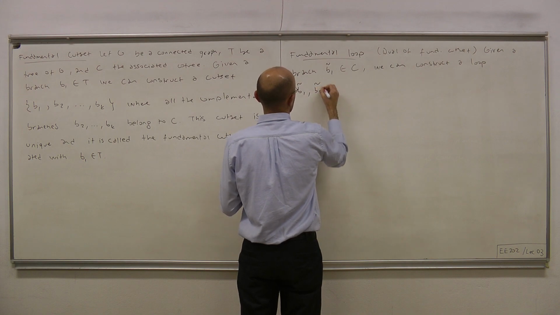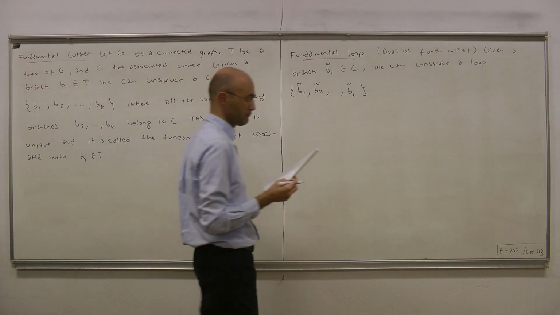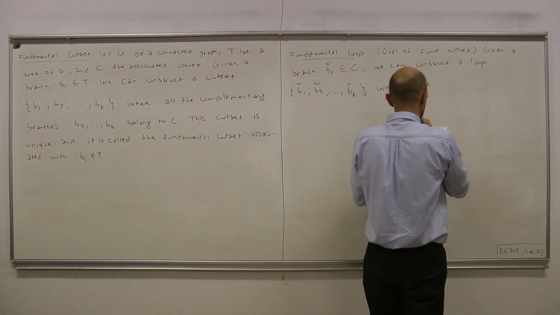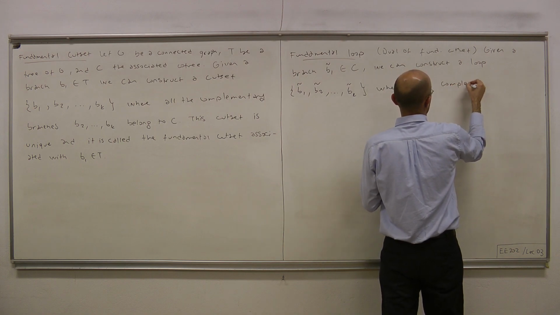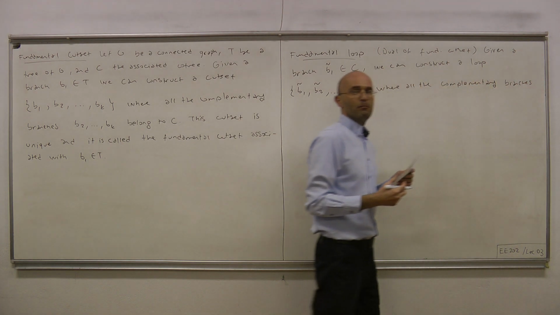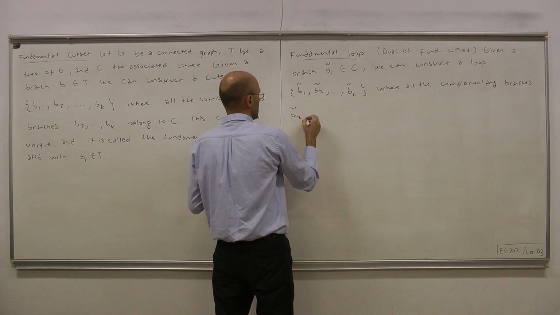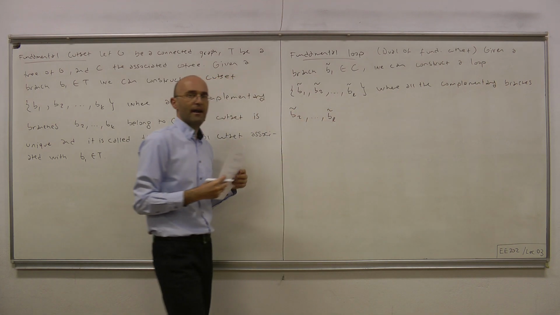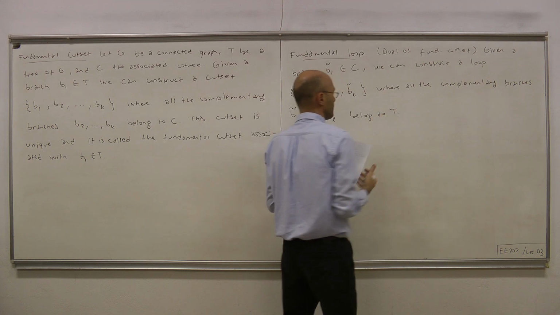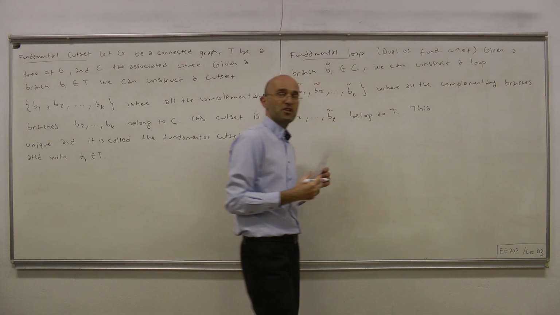B1 tilde, B2 tilde, B, let's call L tilde, where all the complementary branches, by which we mean branches except B1 tilde, B2 tilde, up to BL tilde, belong to the tree T. Okay. It turns out that such a loop can always be found.